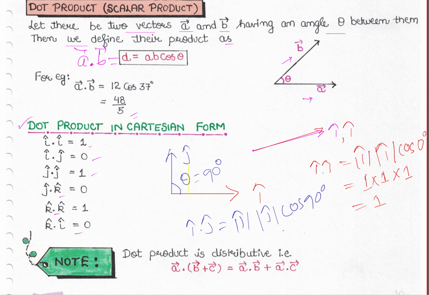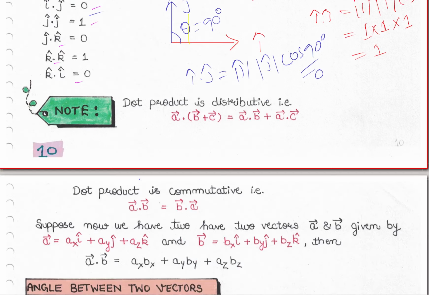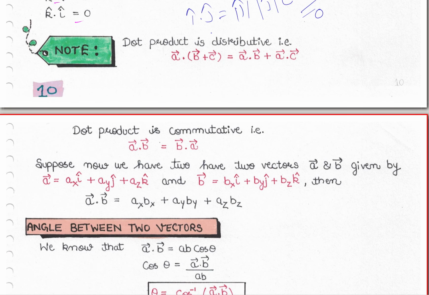So the value of cos 90 degree is 0. So I dot j is 0. Note that dot product is distributive, that is a dot (b plus c) is equal to a dot b plus a dot c. Dot product is also commutative, that is a dot b is equal to b dot a.